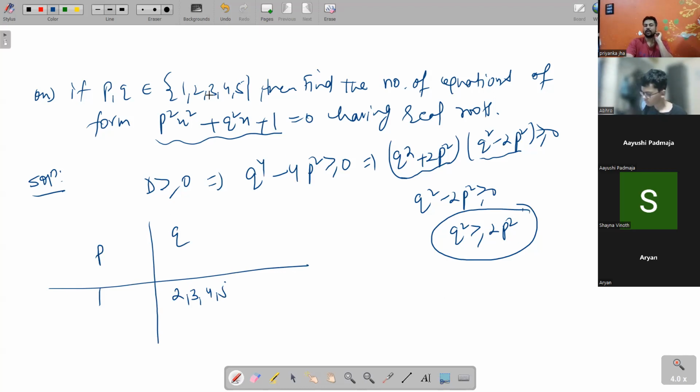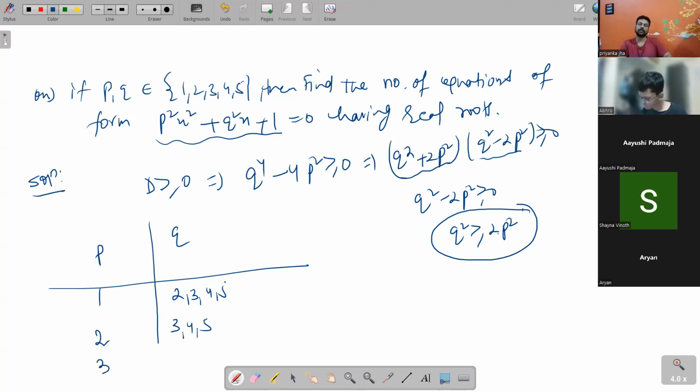If we take q as 2, then 2 square is 4. 4 is greater than or equal to 2, and 9 is greater than or equal to 2. So all these values of q can satisfy this, right? But if you take p as 2, so 2 into 4, 8. In this case, q square has to be greater than or equal to 8. So you can't take q equal to 1, otherwise 1 is less than 8. 2 you cannot take. 3, 4, 5 you can take, because 3 square is greater than or equal to 8.